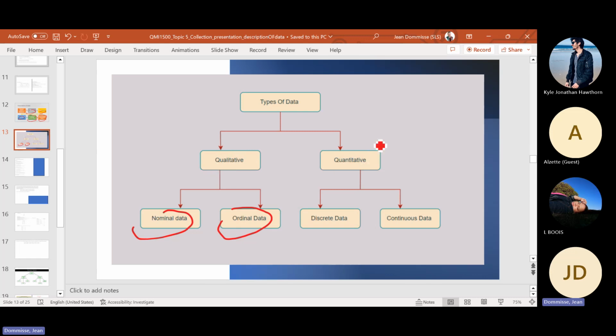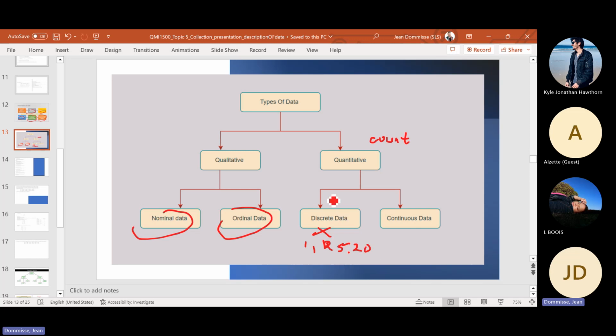The quantitative, the things that we said we can count, or is the number by, or things like that. We've got discrete data. So discrete data is something like 1, 5, and let's put it 5 Rand 20.